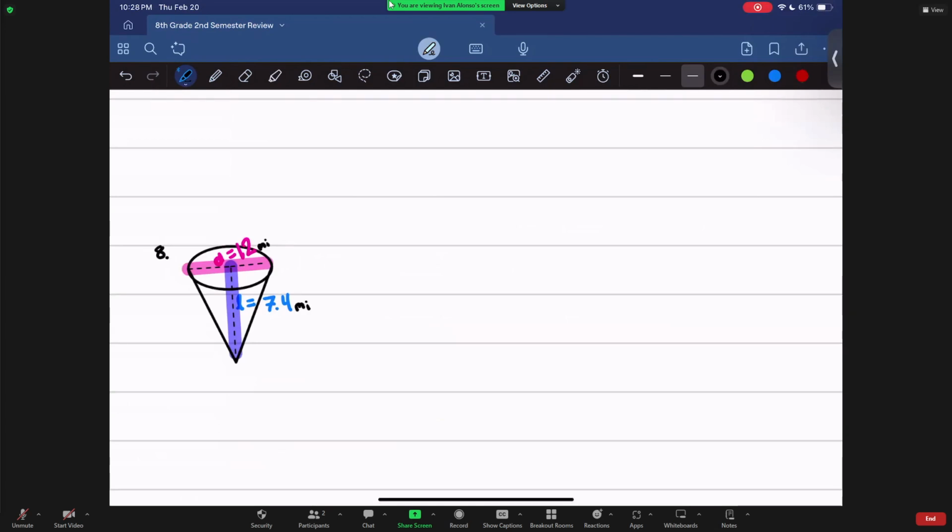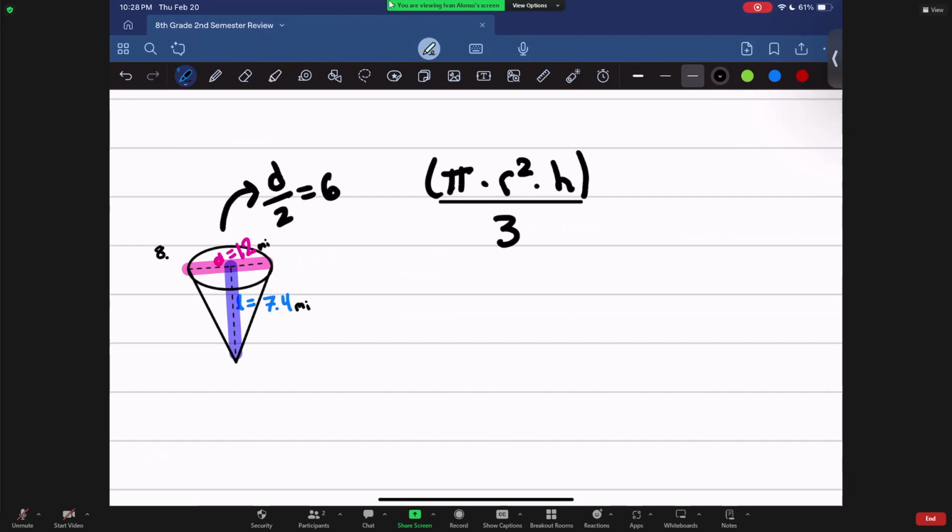Okay, so I know that this formula is pi r squared times h. Okay, I know that's all over 3. But I'll take this and I'll do 12 divided by 2 to give me 6. And I'll note that that is my radius.